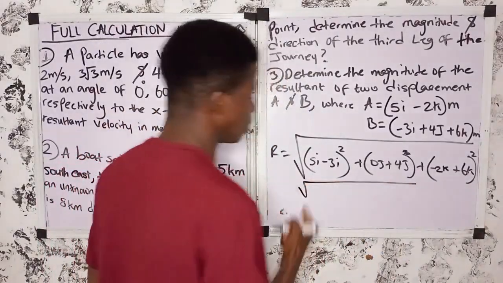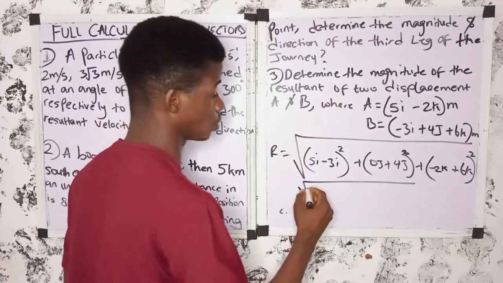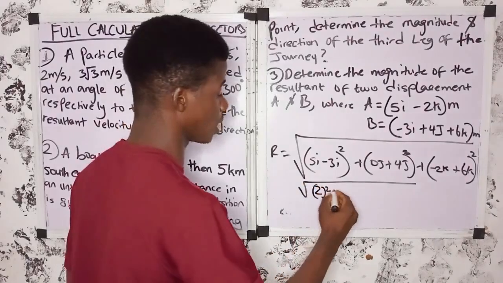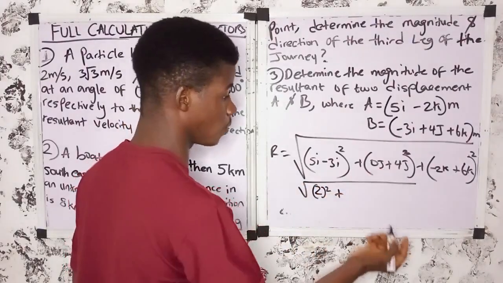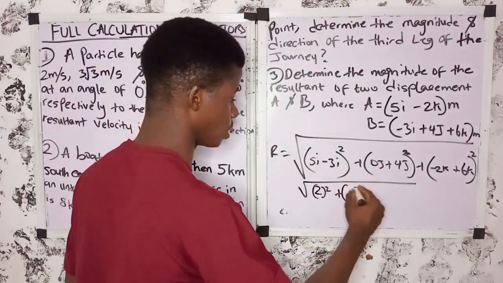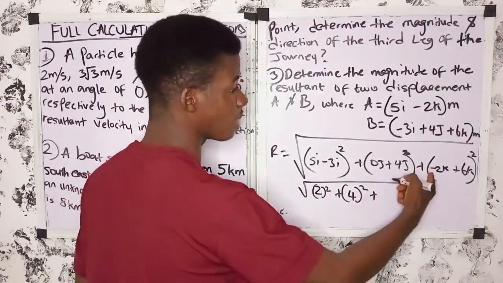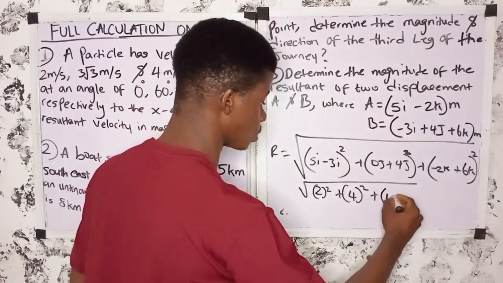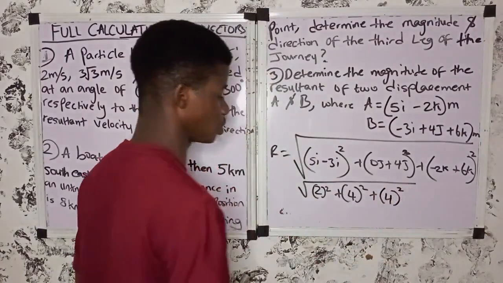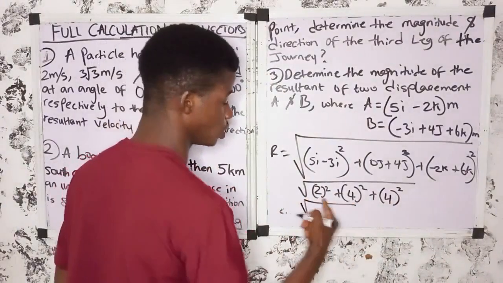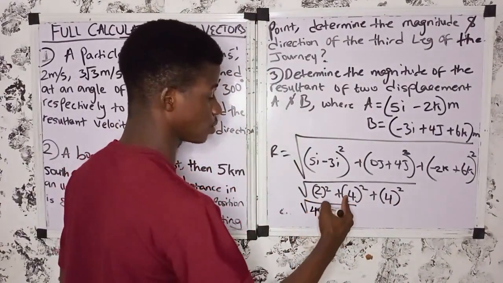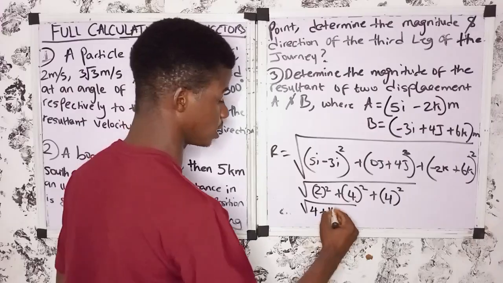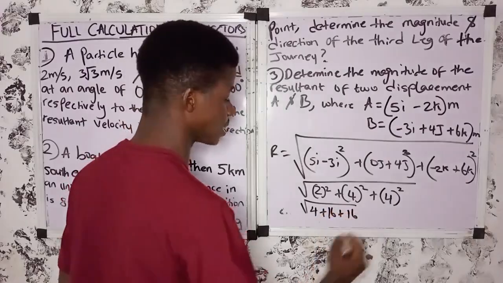Let's continue. 5 minus 3 will give us 2, so 2 squared, then 0 plus 4 will give us 4, then take the square. Then minus 2 plus 6 will give us 4, so take the square. Now the square of 2 is 4, plus the square of 4 is 16, and the square of 4 again is still 16.